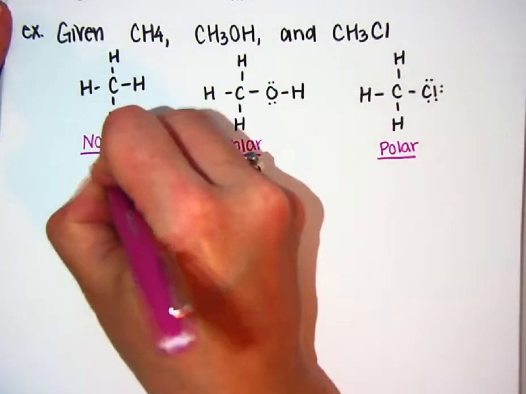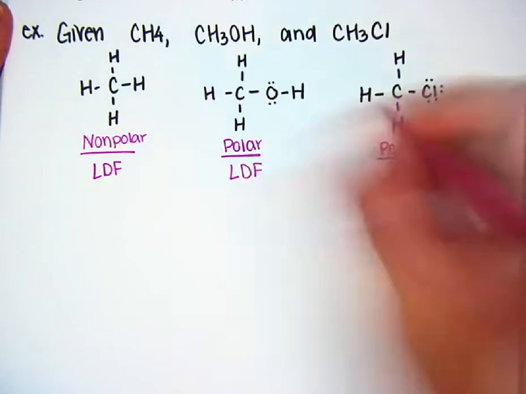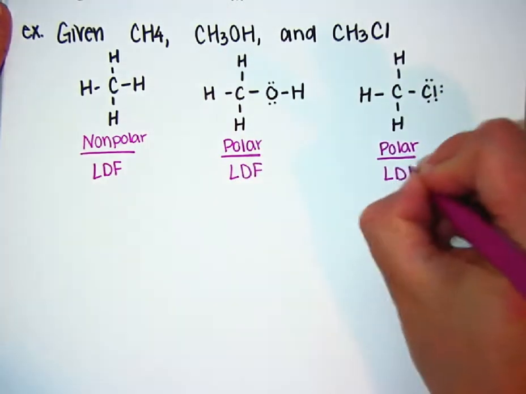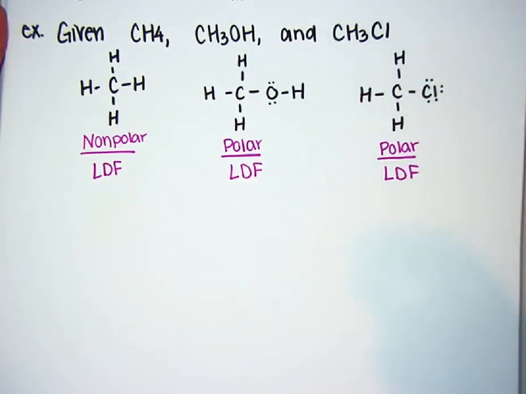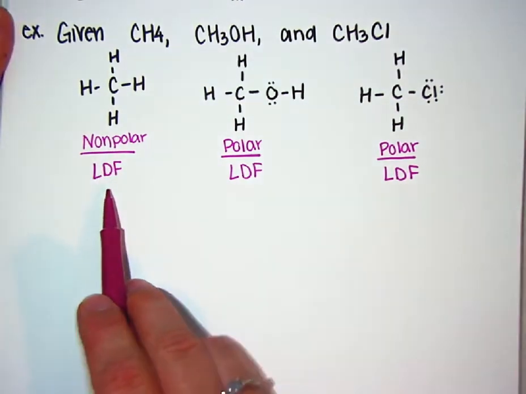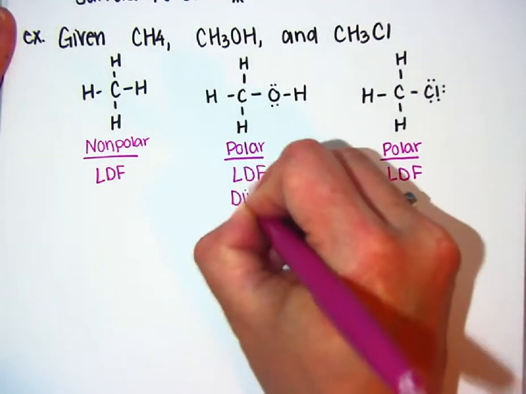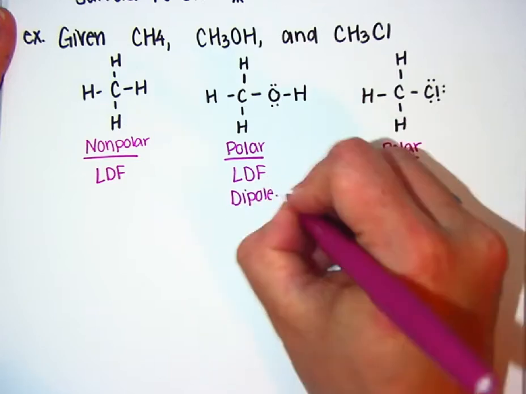Next, determine intermolecular forces. Every single molecule has some London dispersion forces acting on it. If it is nonpolar, LDF is its only intermolecular force. If it is polar, it also has dipole-dipole.